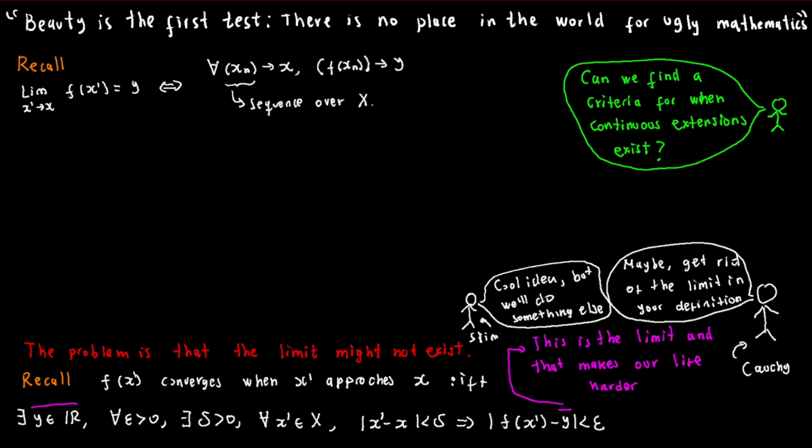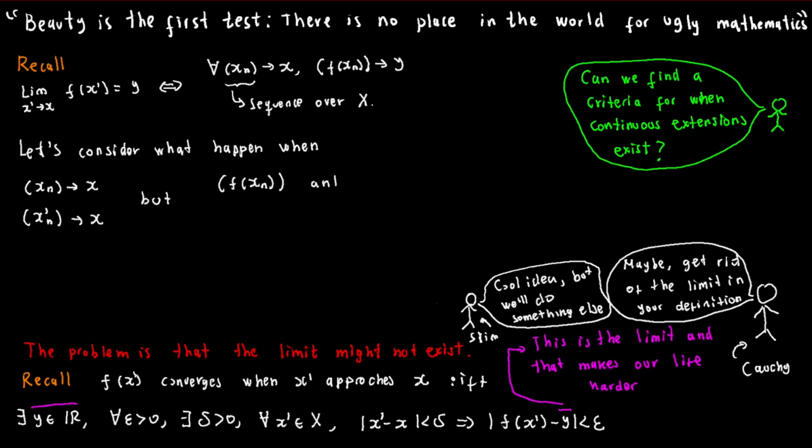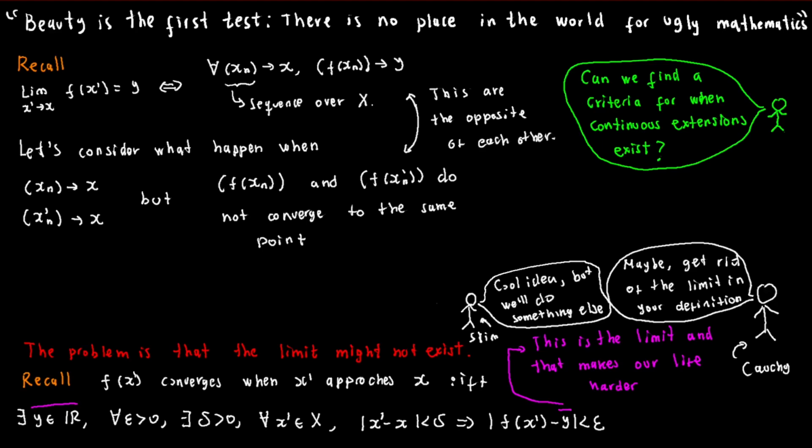In other words, the limit exists if no matter how we approach the point, the limit of the function is always the same. Let's explore what would happen when there are two different sequences, x_n and x'_n, converging to the same point, but such that the sequences f of x_n and f of x'_n converge to different points.